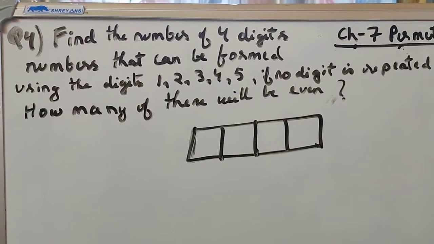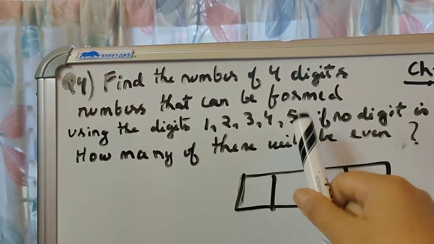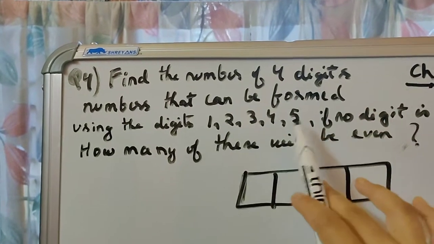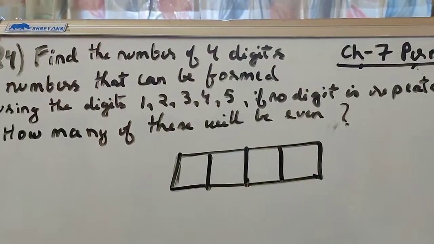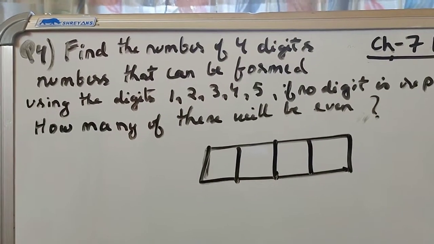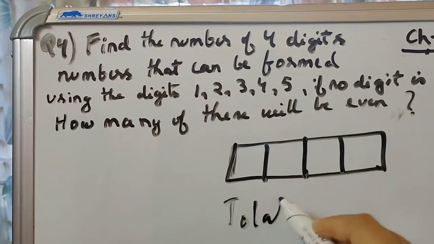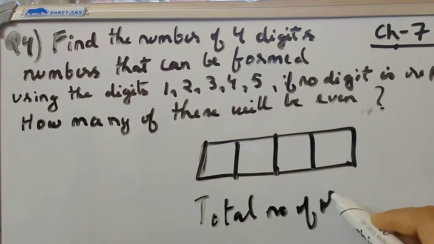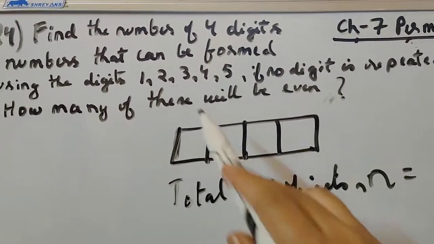Forget about even now. You have digits 1, 2, 3, 4, 5. Using these numbers, how many 4-digit numbers can be formed? So here the total number of objects, that is your n, is how many digits are there?